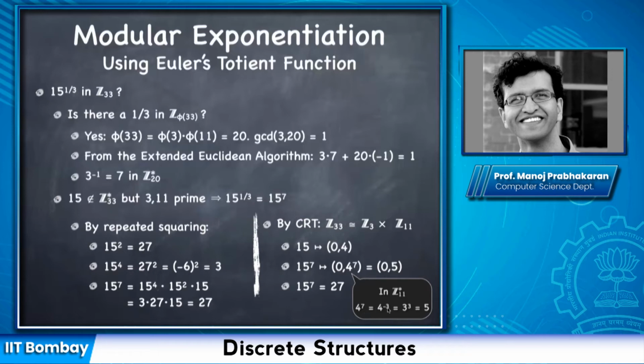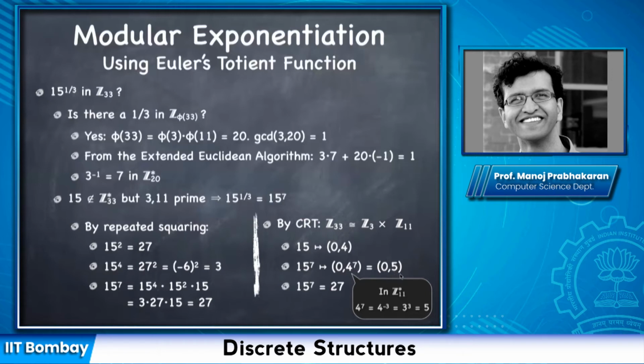So 4 to the power 7 is the same as 4 to the power minus 3. 4 to the power minus 1 is 3, and that you can easily verify because 3 times 4 is 12, which is 1 modulo 11. So 4 to the power minus 3 is 3 to the power 3, and that is 27, which is 22 plus 5. So 4 to the power 7 is 5.